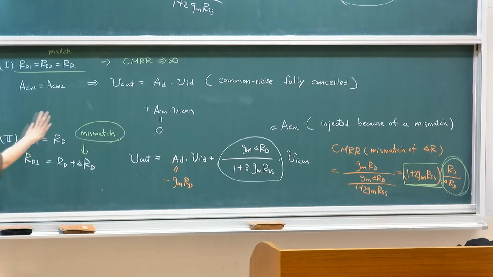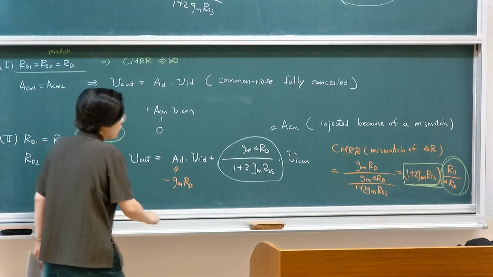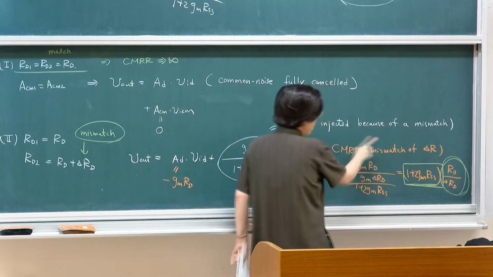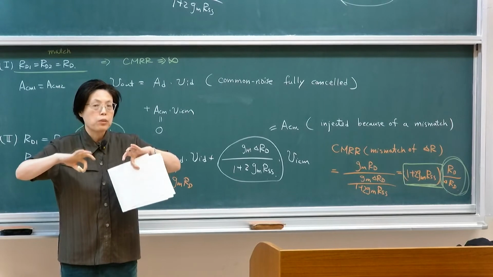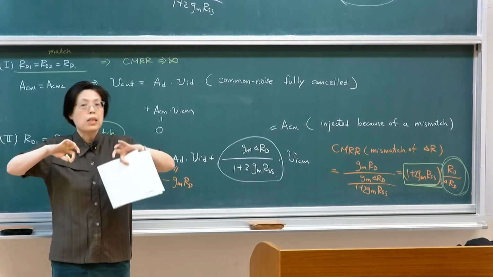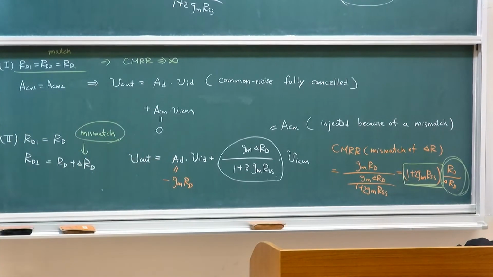Okay? So once we have this understanding, you will then see the point of making a twist. The problem of having this mismatch is because you have two resistors, and the two resistors may not be identical. So one of the ways to resolve this is to use only one resistor. I'm going to give an example.